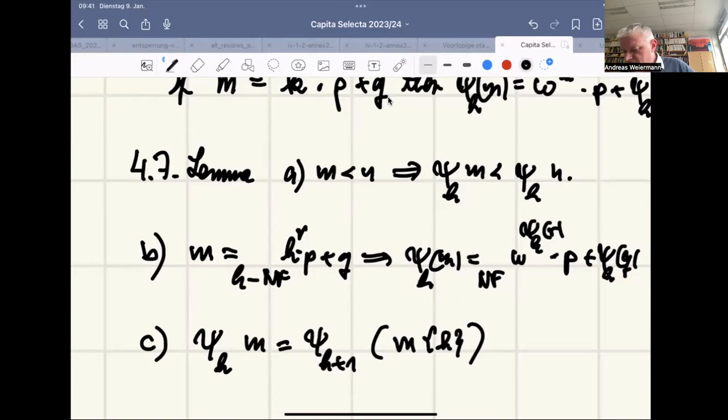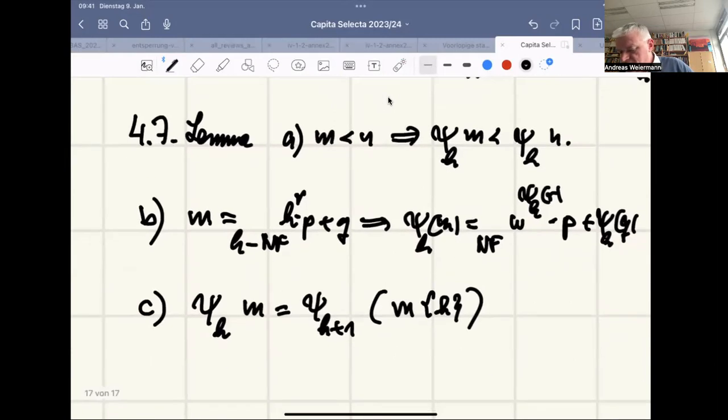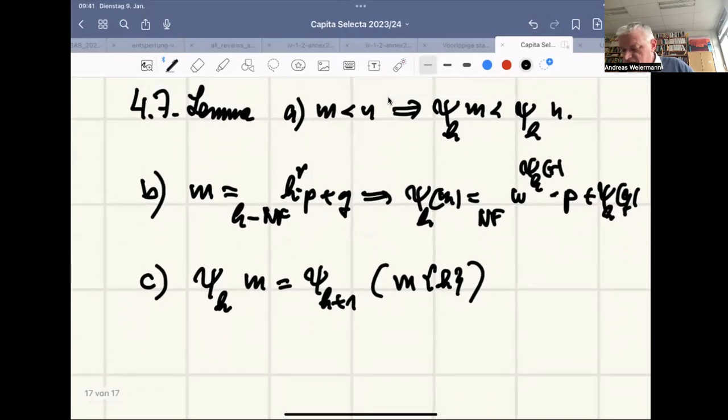Now how can we prove this? Well, the proof of A is basically the same as before, where we showed monotonicity after base change. But well, this is a lecture, so I will give some sort of argument.